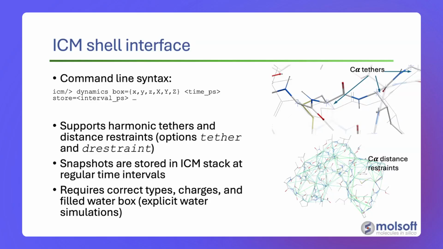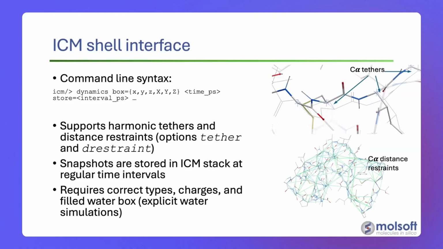The command supports harmonic tethers and distance restraints, which you can enable with the tether and distance restraint options. These are useful for keeping specific atoms or distances fixed or within limits during the simulation. Snapshots are automatically stored in the ICM conformational stack at the specified interval, making them immediately available for visualization and analysis.